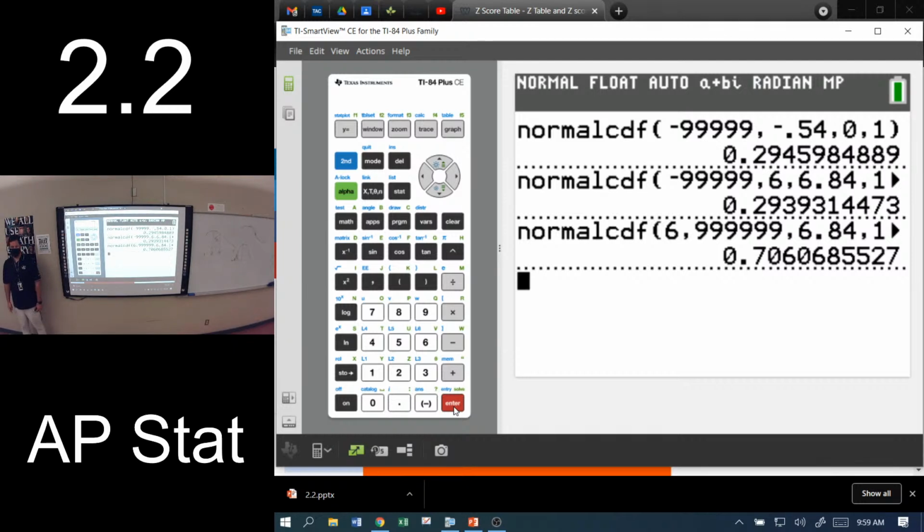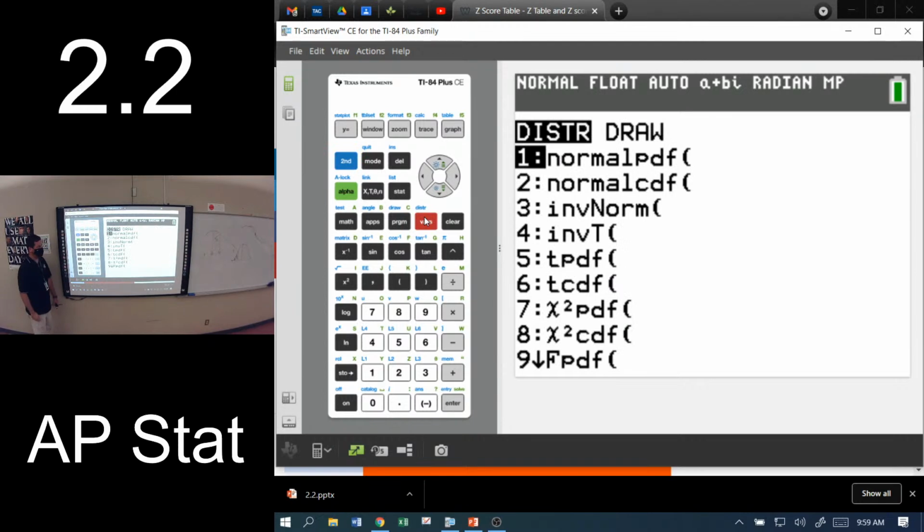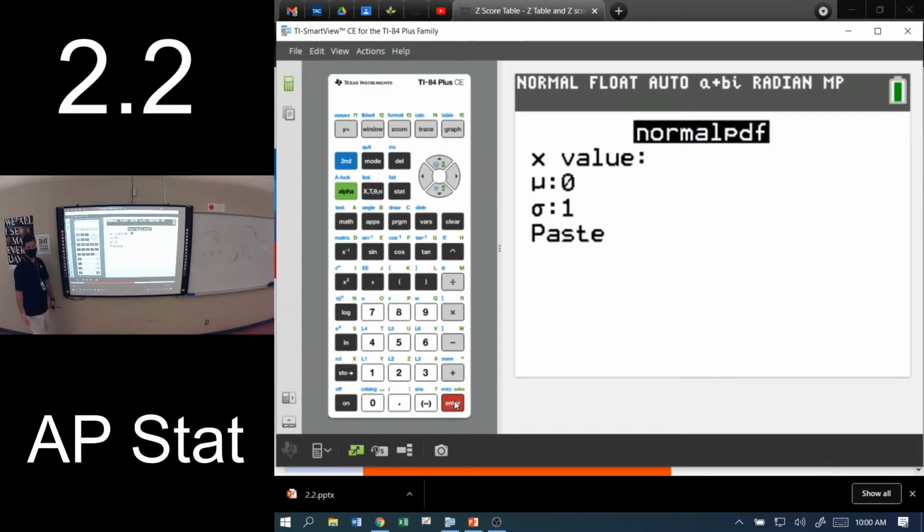Questions so far? You'll get plenty of practice. Plenty of practice. Don't ever use PDF though. If you even hit it, it's going to ask you something else, like the X value. It doesn't give you a range.